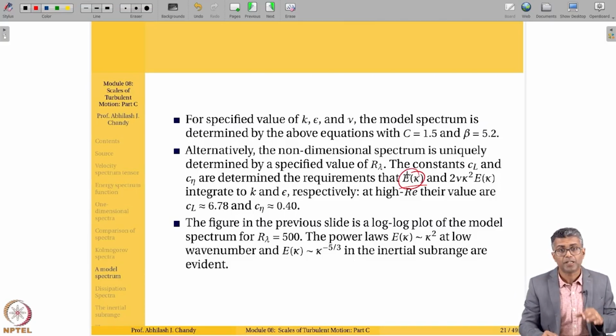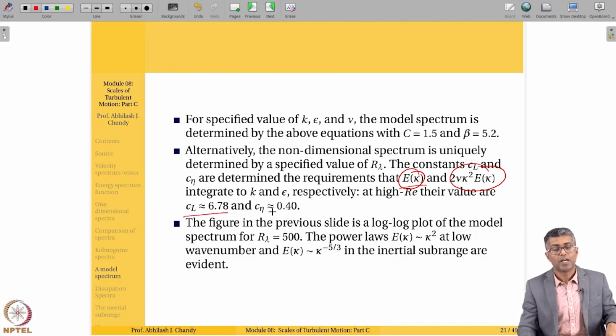The energy spectrum function integrates to the turbulent kinetic energy, and the integral of 2 nu kappa squared E of kappa is epsilon. If you integrate that to k and epsilon, then at high Reynolds number their values are approximately 6.78 and 0.4 for C_L and C_eta. So that is what you have. This is using an R_lambda value. Alternatively, you can just use k, epsilon, and nu, and you can construct the model spectrum. The figure that we showed earlier for the model spectrum is a log-log plot, of course.